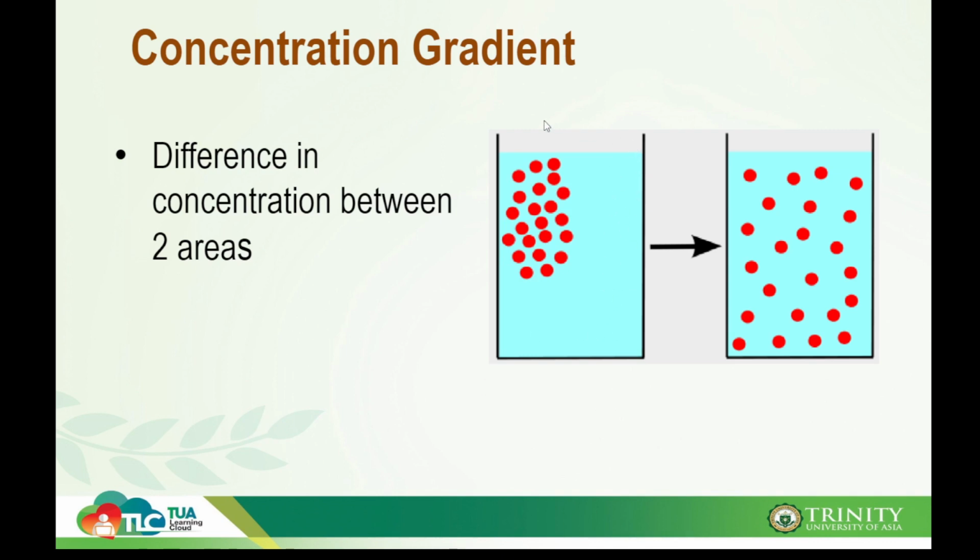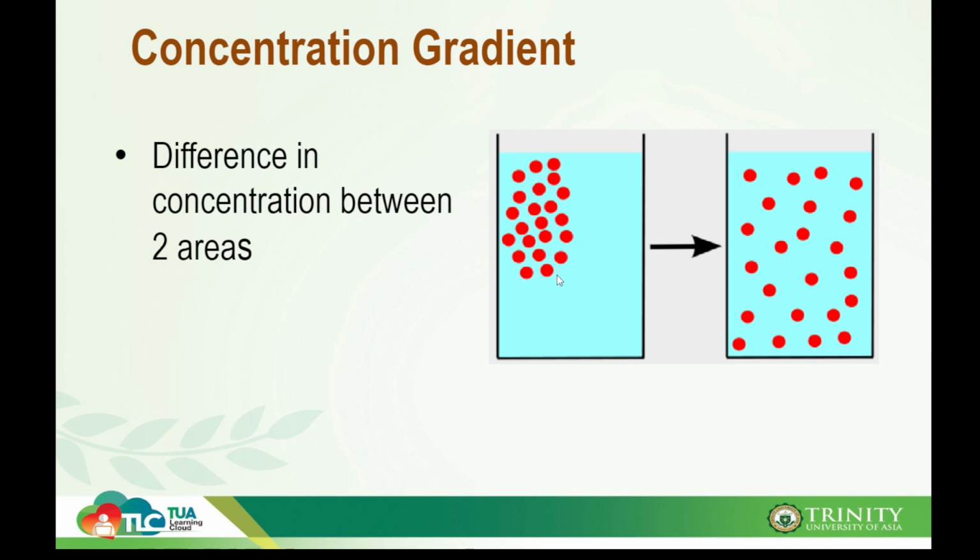So in a fluid compartment, if there is a difference in concentration between two areas, as seen in this image, there is a concentration gradient. So, because we can see a higher concentration of red dots on the left side compared to the right side, these red dots will activate their Brownian motion.